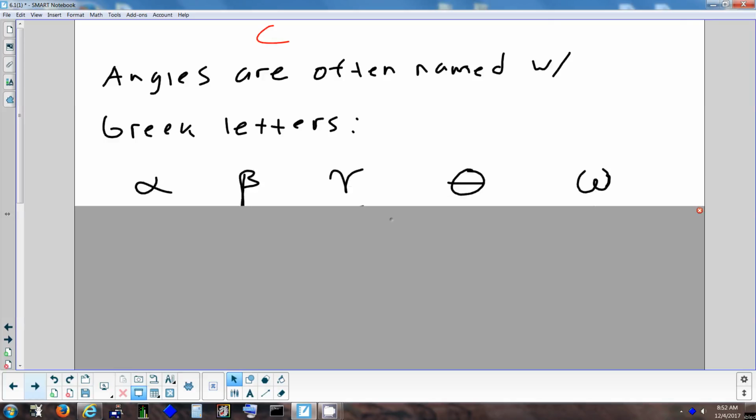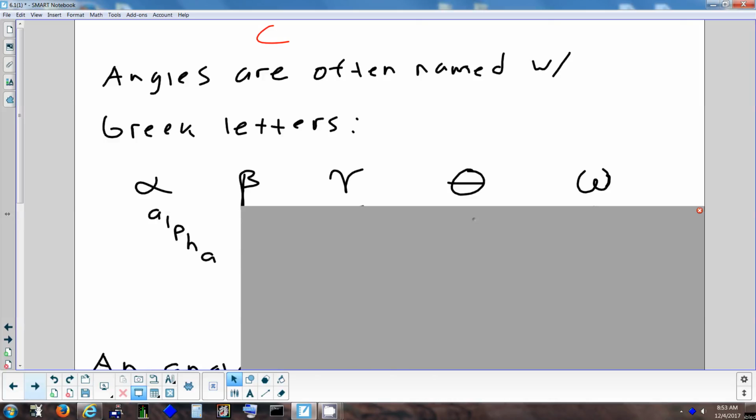So these are some of the Greek letters that we'll use. Does anybody know the name of that first one? That is the first letter in the Greek alphabet. Does anybody know it now? Yeah, that's the Greek letter alpha.